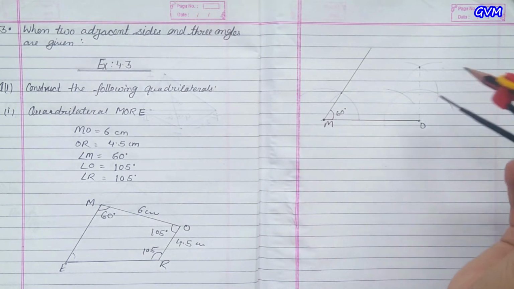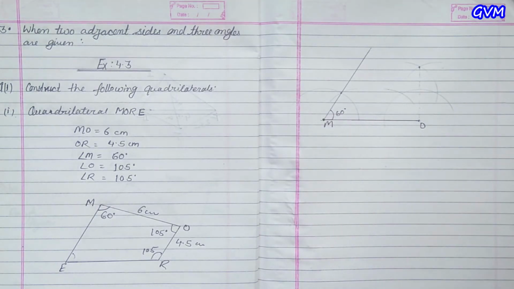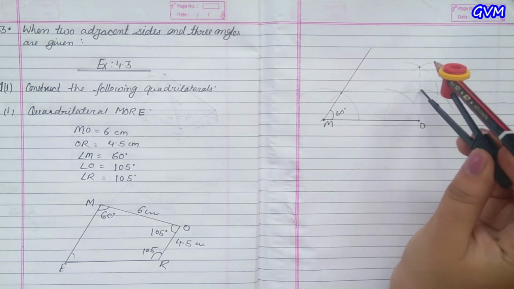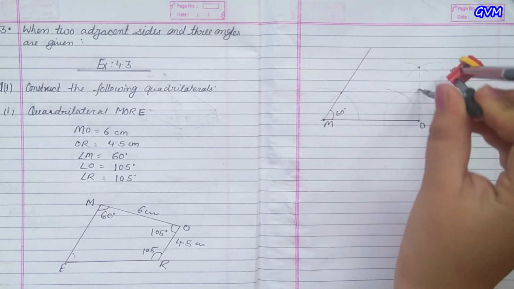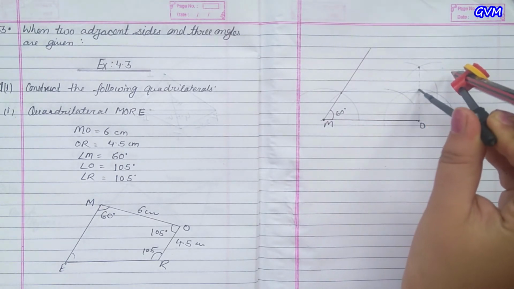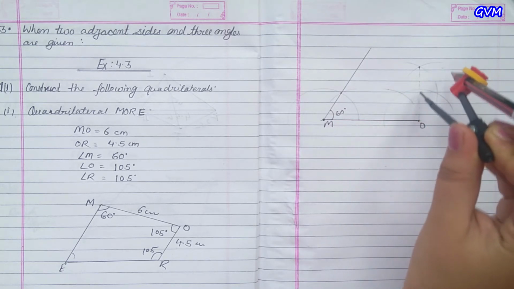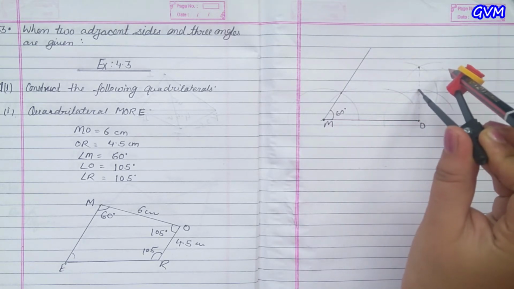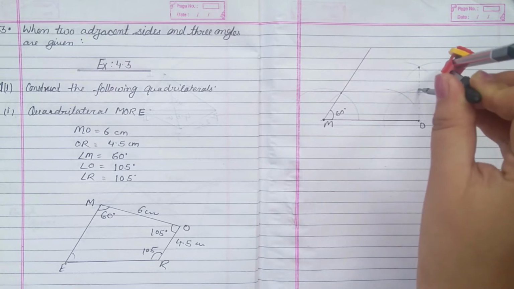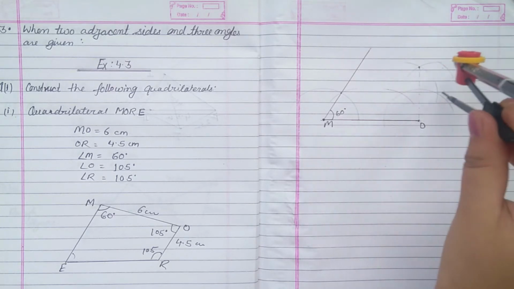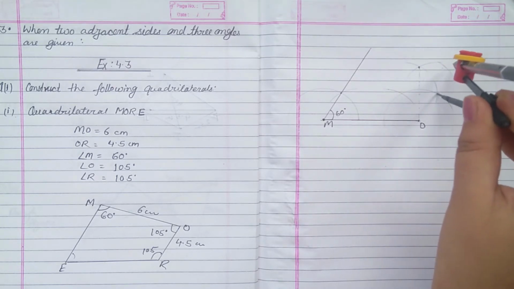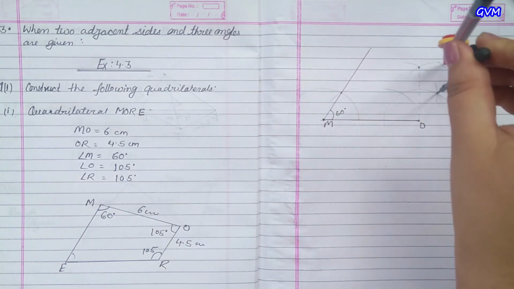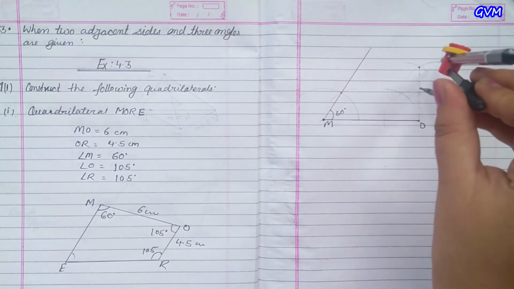Now since 105 lies between 120 and 90, we will again bisect from here by putting the needle at 90 on this arc where this 90 angle is intersecting. So put the needle and make an arc above. Similarly, put the needle at 120 and make the arc above.